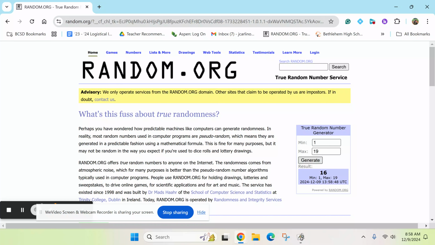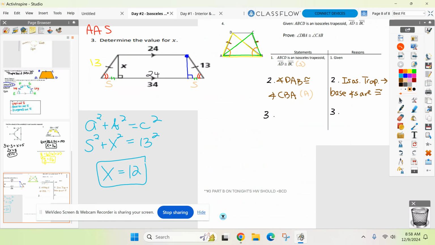Anything, Maddie, you want to go with? Great job. AB equals AB. That is something we've used in the past called what, Maddie? That's reflexive. And that gives me a pair of sides.